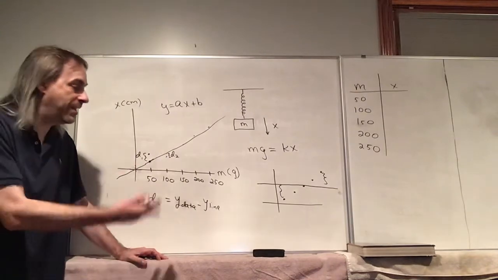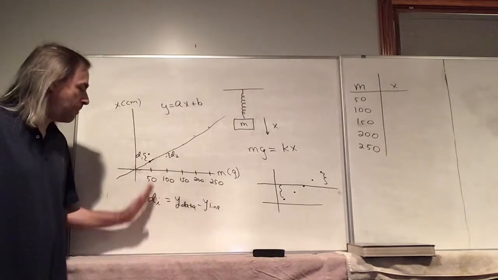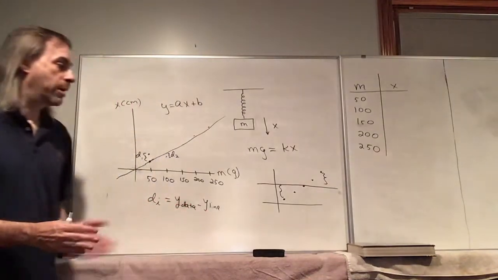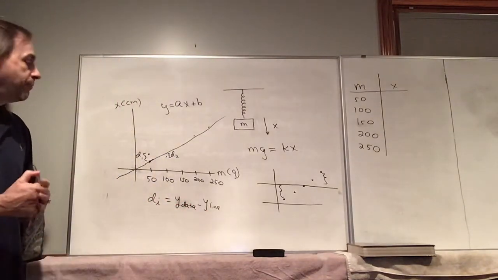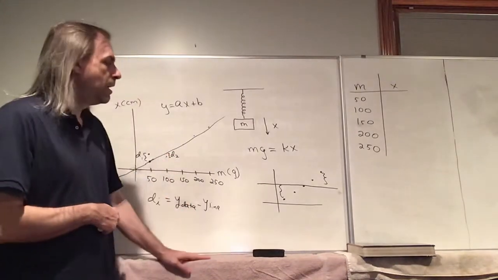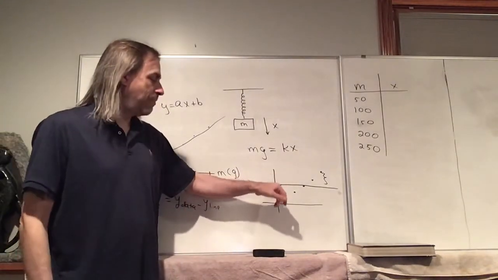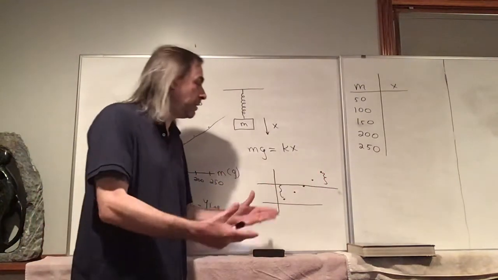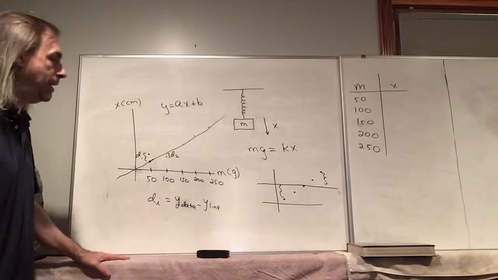So clearly this method of just trying to add up all these D values and minimize them does not work. The reason is these D values can be positive and negative. Having a really bad data point here doesn't cancel out another data point here just because they're on opposite sides.